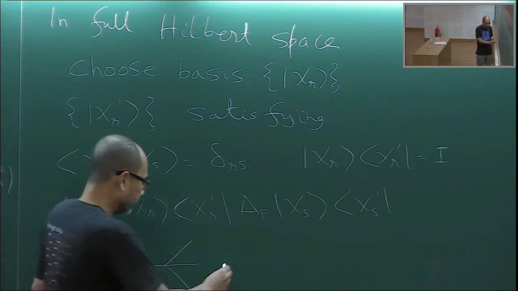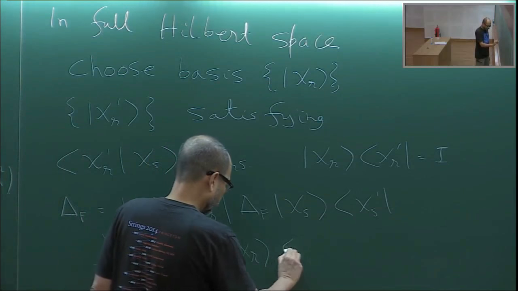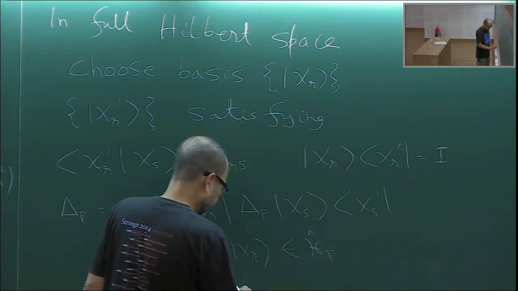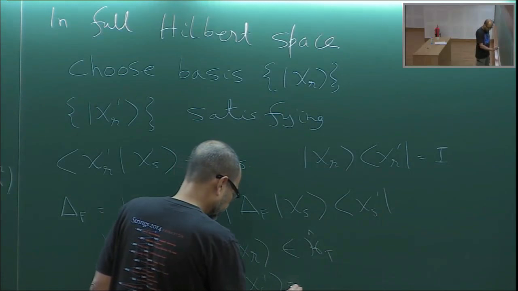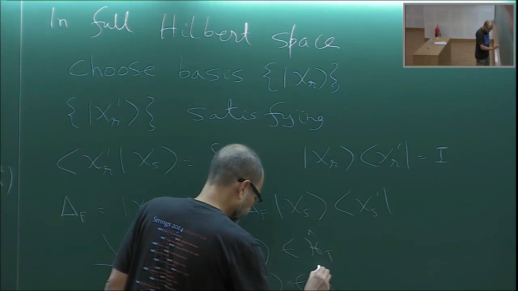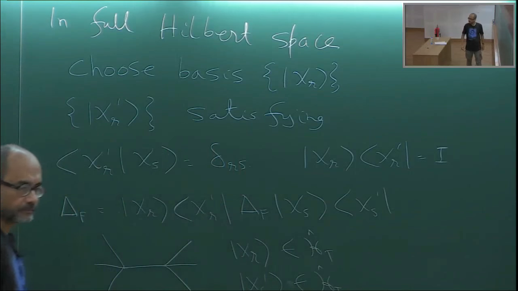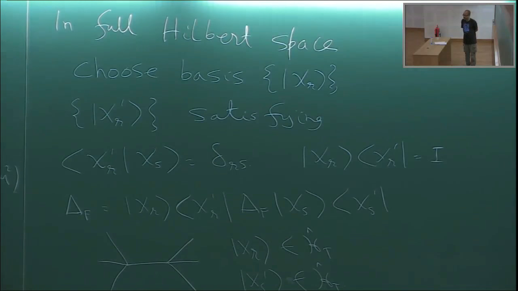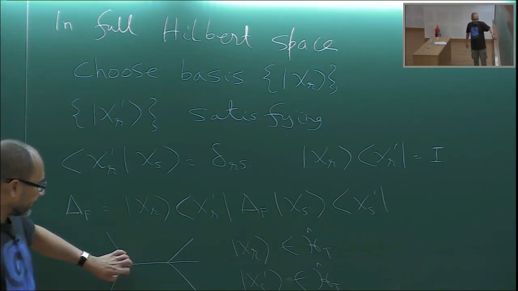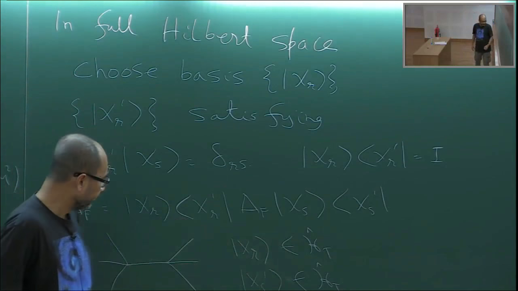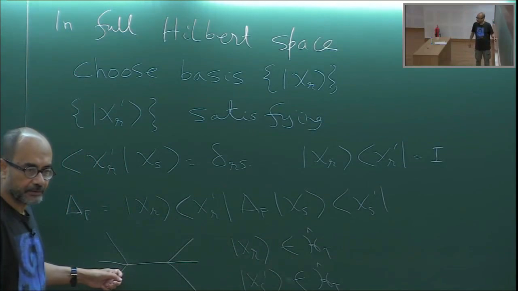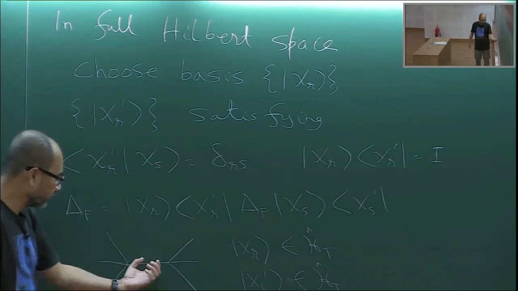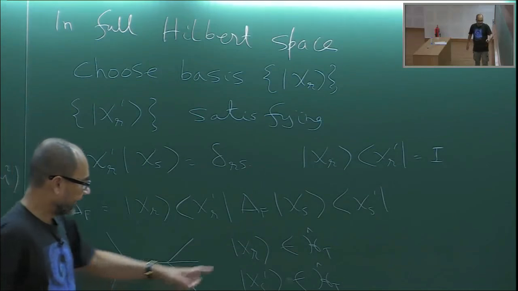And similarly here, so chi r must belong to H hat T, and similarly chi s prime must belong to H hat T. Is this clear? Okay, because if it carries any picture number other than those in H hat T, this will vanish by picture number conservation. So the only way you can get a non-zero contribution from this delta f is if the two sides have the right picture numbers.